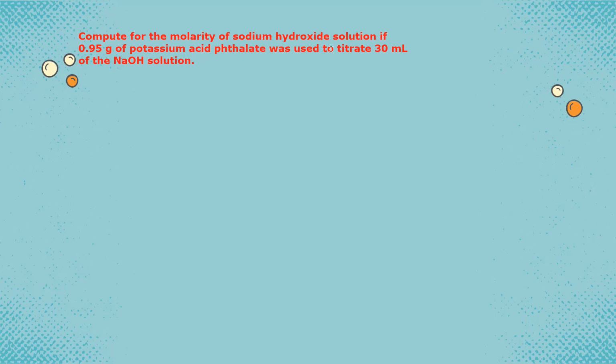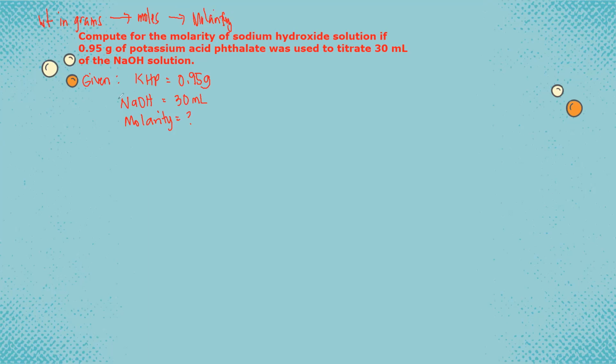Okay, so let us start with our computation. Let's have first, syempre, we will list down the given. So in the problem, let's take note that the KHP used was 0.95 grams and the sodium hydroxide solution used was 30 ml. Now we are looking here for the molarity. So what was again our process? Since the weight in grams is given, then we will be computing for the number of moles, and then after that we can proceed in the computation of molarity.